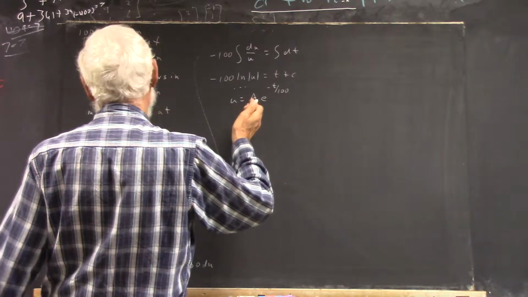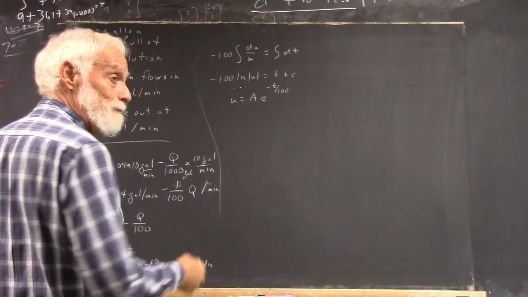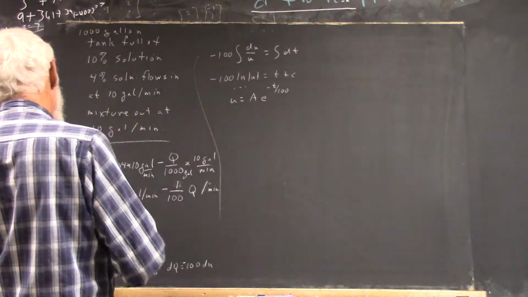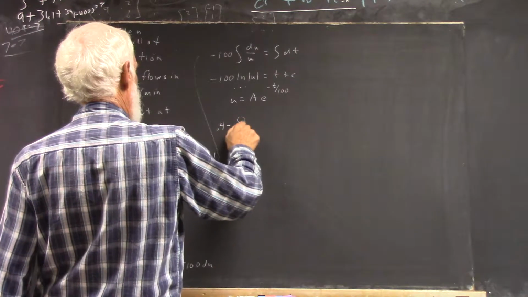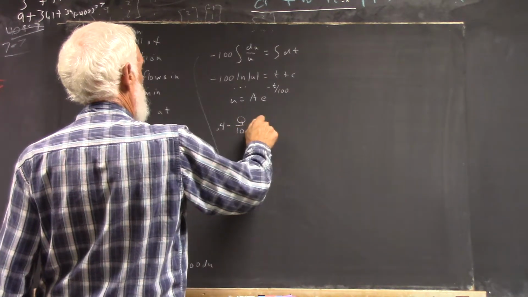Of course, okay, that's u. And u is 0.4 minus q over 100.